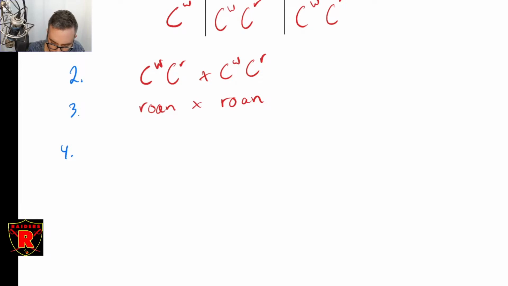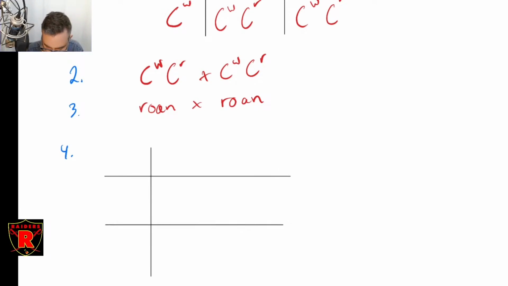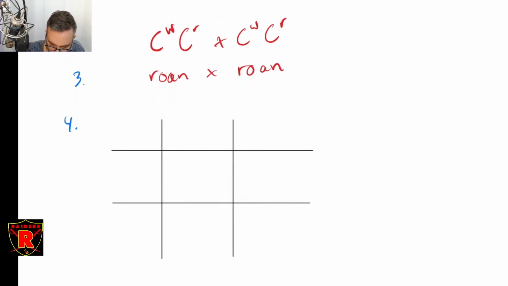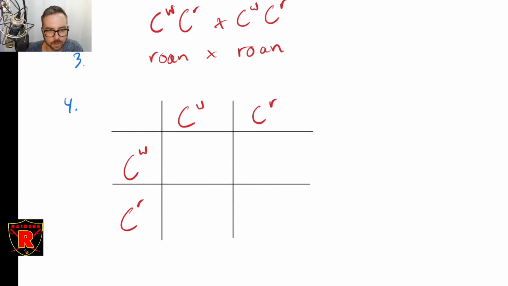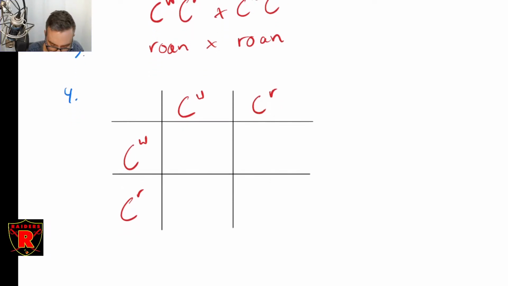Set up our Punnett square. CWCR, that's the one potential parent, and the other parent is CWCR as well. Okay, so we're just putting their genotypes, one on the top and one on the side, and this is how they're going to combine together.